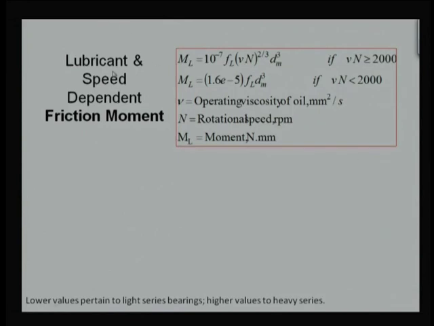Then the second component is the lubricant and speed dependent component. In the previous slide we discussed the friction force due to the load, while here we are talking about the friction force due to lubricant and speed, which depends on the speed and lubricant. That is generally represented as M_L. M is the moment, L is lubricant dependence. It has a steady and an unsteady regime. Say when the value, which is the product of kinematic viscosity and rotational speed in RPM, is lesser than 2000, this friction moment will be steady.